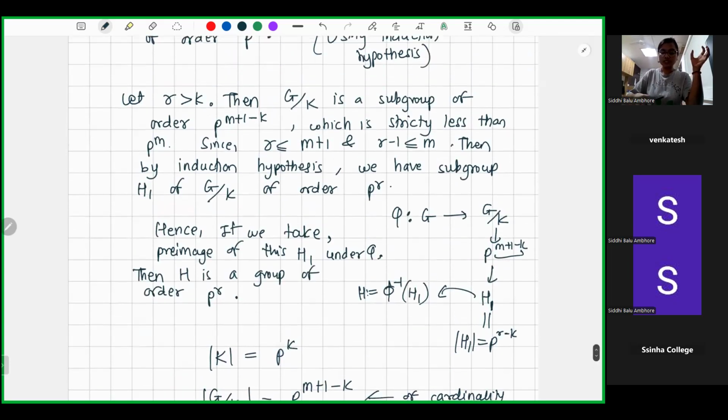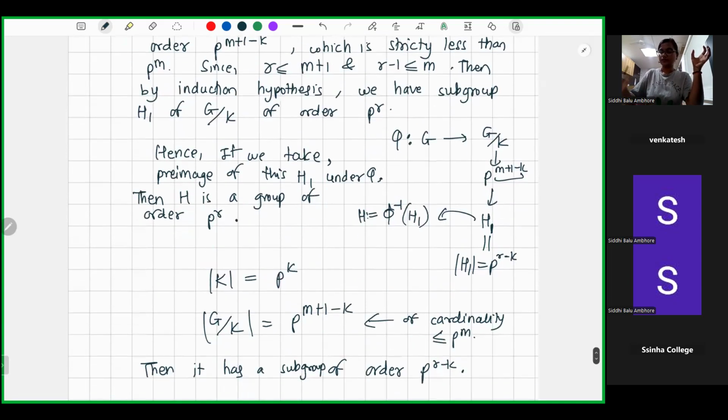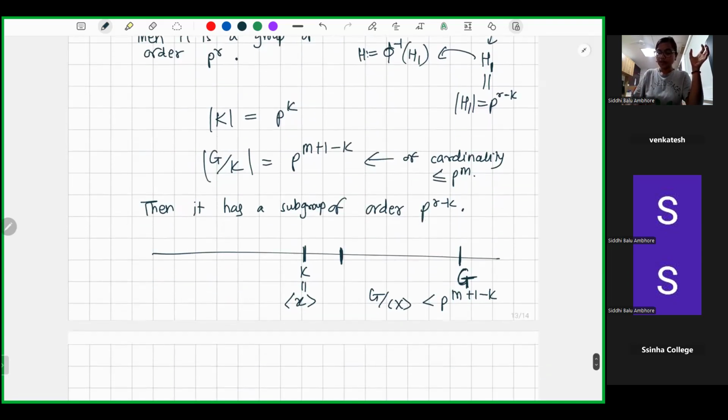And for each such r, I have a group of order r minus k, because now r minus k is less than m.